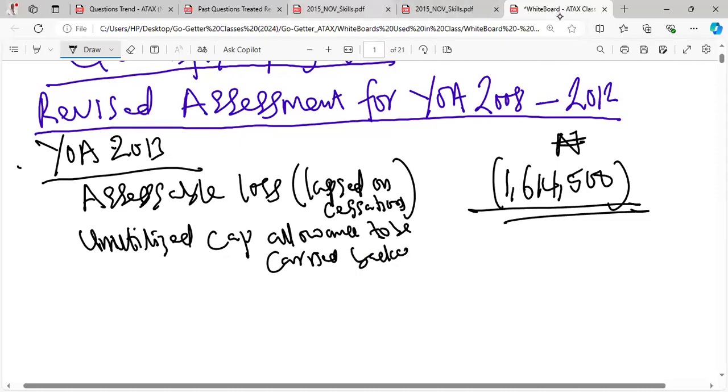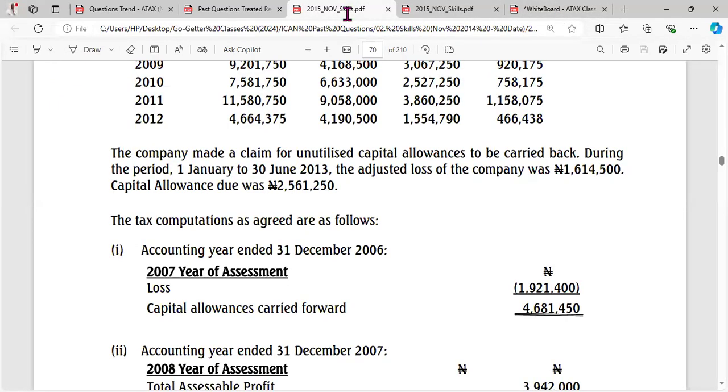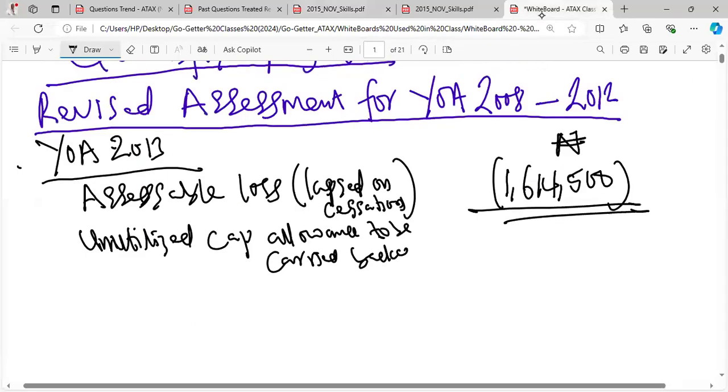What is our capital allowance here? Capital allowance 2,561,250. So this is the capital allowance that will be carried backward.